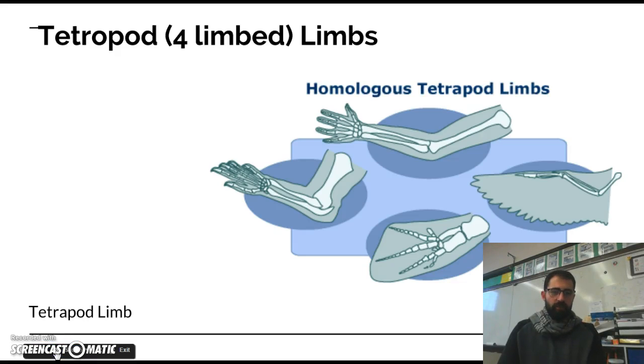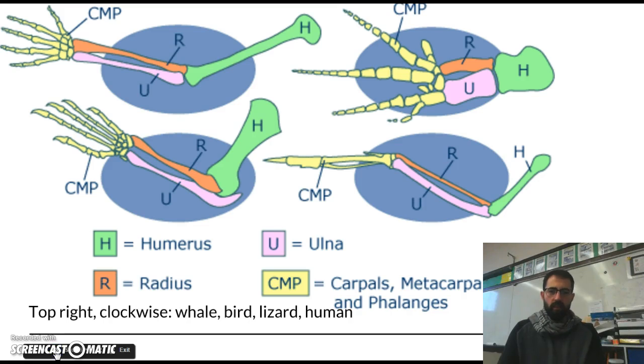So all tetrapod animals, with four limbs, have homologous limbs. We infer this because we see the same pattern of bones over and over again. Whether we're looking at a whale, a bird, a lizard, or a human, we see the same pattern of humerus, radius, ulna, and the carpals, metacarpals, and phalanges.